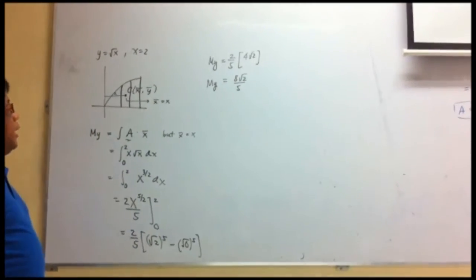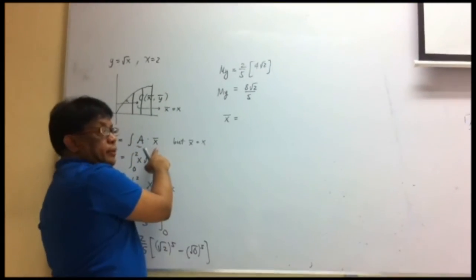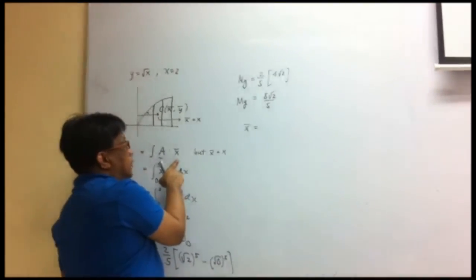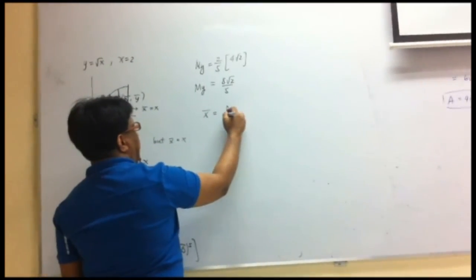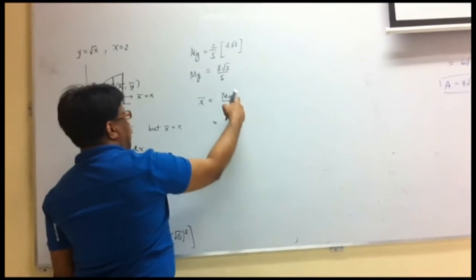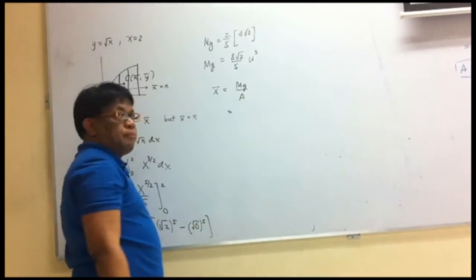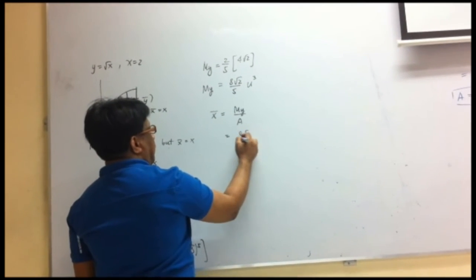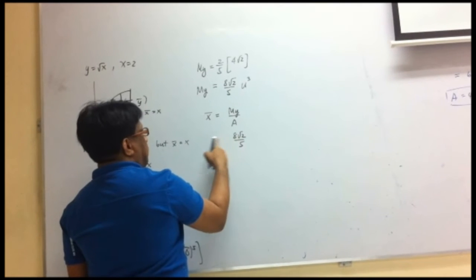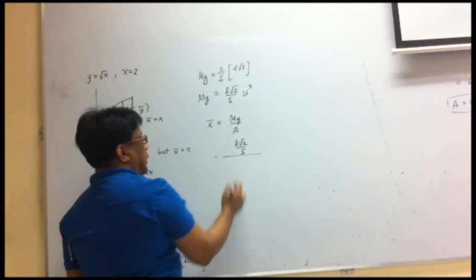Now we will compute for bar x, because we can proceed in defining bar x. The formula is moment y over area. Moment y we have computed. By the way, the unit here is cubic units. For moment y we have 8 square root of 2 over 5 divided by the area. We can also write this as multiplication.